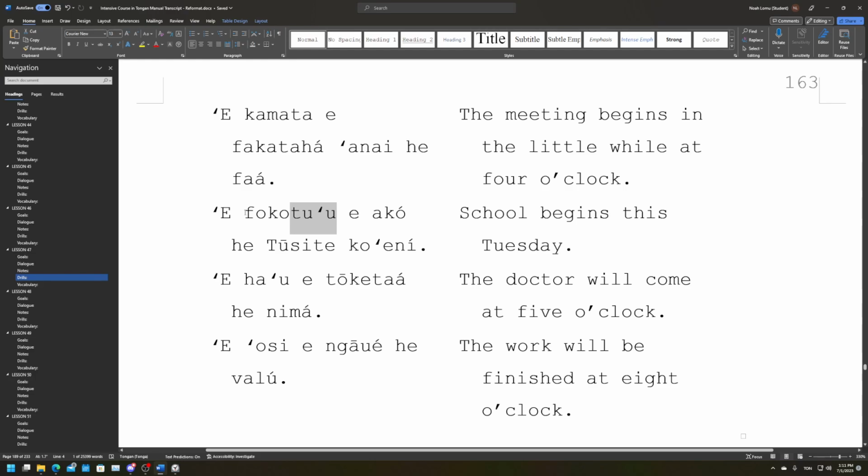We use this word in reference to the school year. So that's why it's used here.